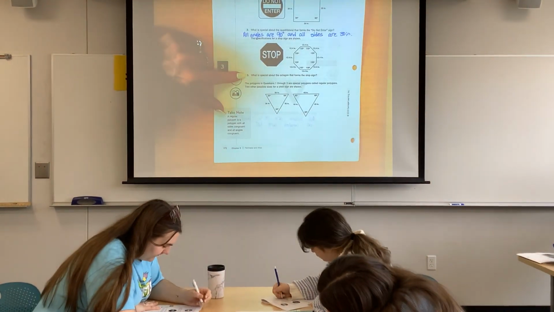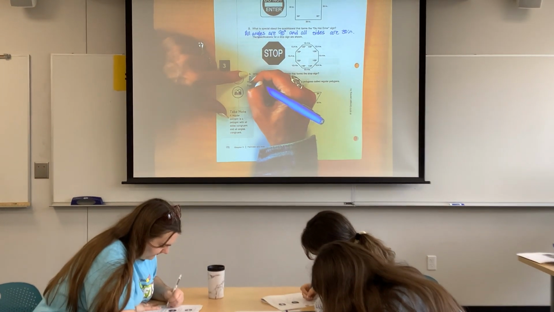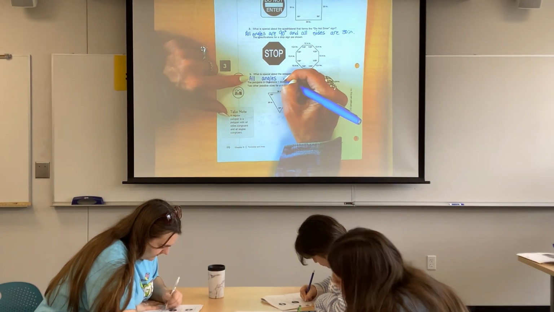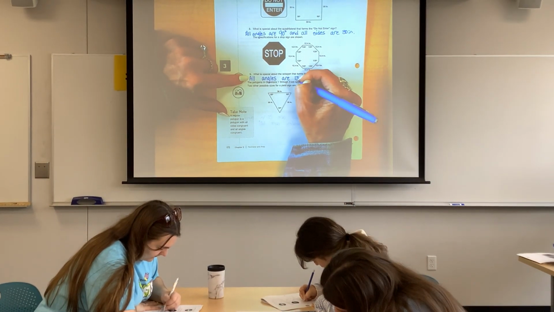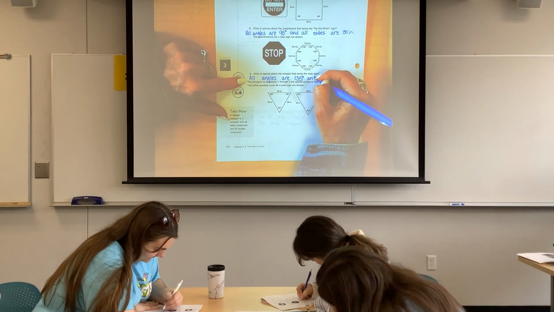What about a stop sign? All angles are 135. So what we are trying to do is to get our students to come up with a definition for regular polygon all on their own.